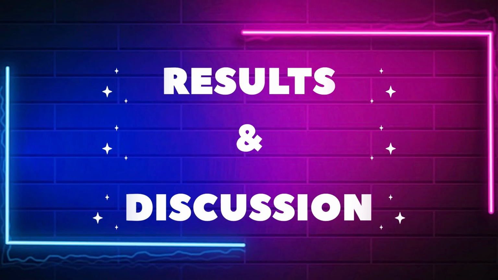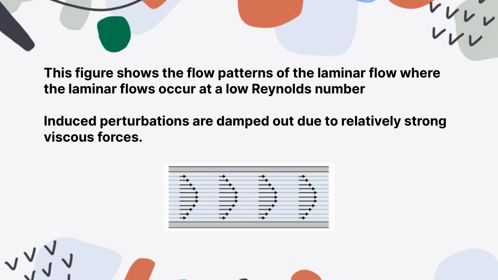Okay, next, let us look at the results and discussion for this experiment, or CFD simulation. This figure shows the flow patterns of the laminar flow, where laminar flows occur at a low Reynolds number, in which any induced perturbations are damped out due to relatively strong viscous force.